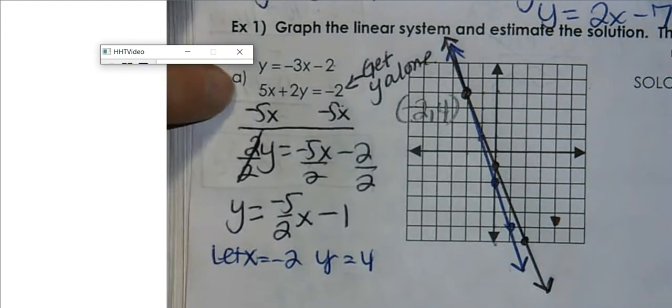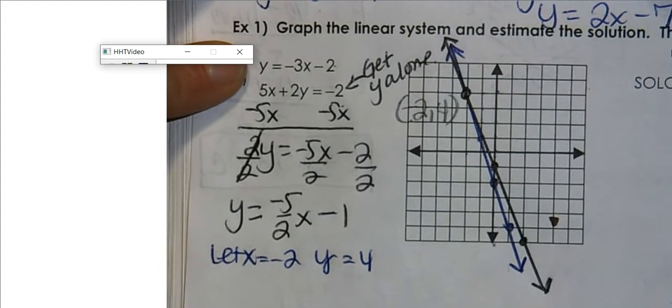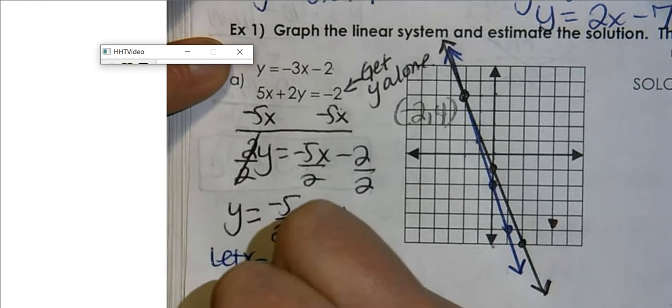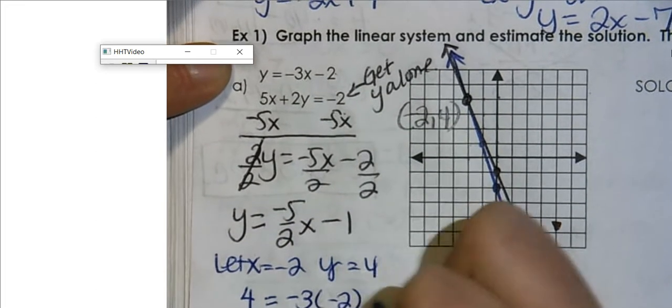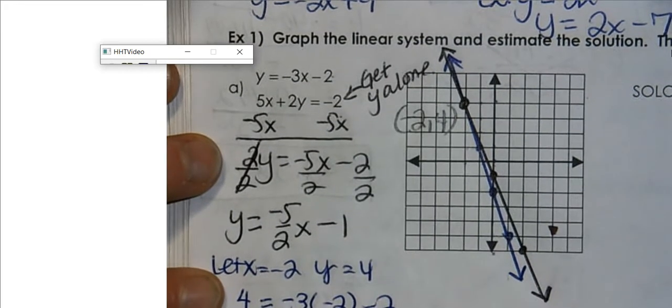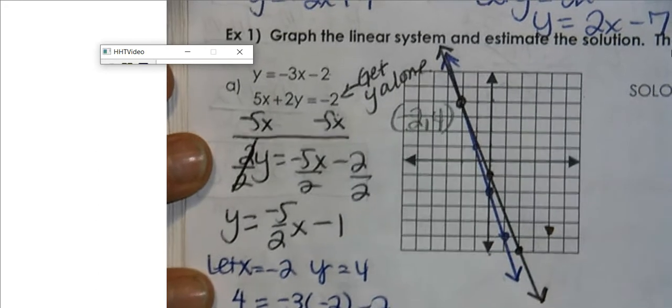So starting with my first one, I just want to show that it is indeed true. So I'm going to write 4 is equal to negative 3 times negative 2 minus 2. So this is going to be 4 equals, this is 6 minus 2, and that is true. 4 does equal 6 minus 2.